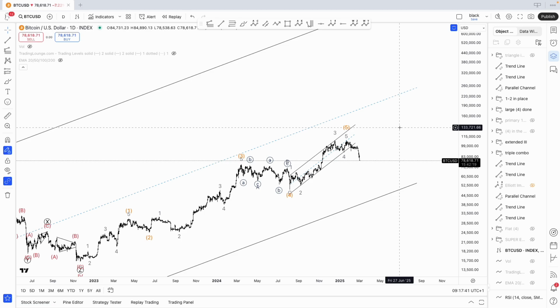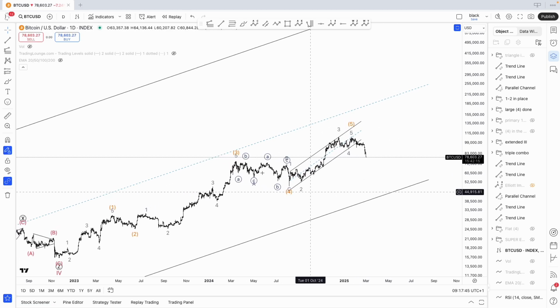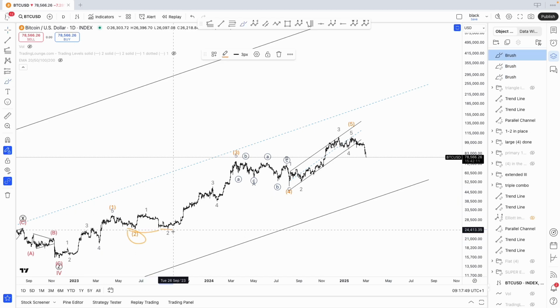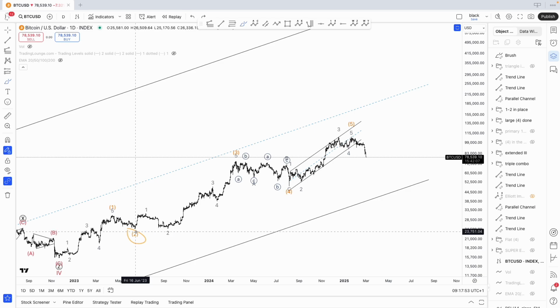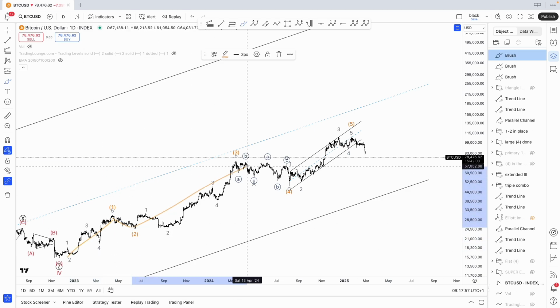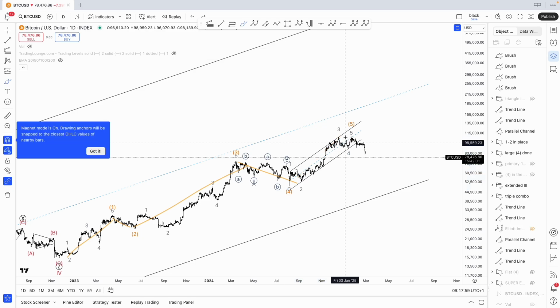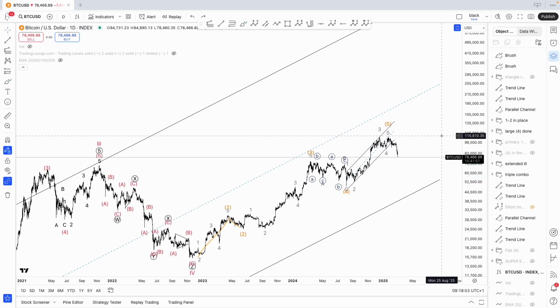Now, as I said, sorry, I still have a bit of a cough. So you could put this wave 2 here. I like it here. It's whatever really, but I think the most important thing is identifying here 5 waves. And yes, it looks like the top is in place here.